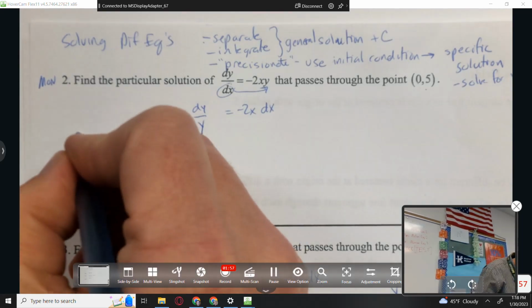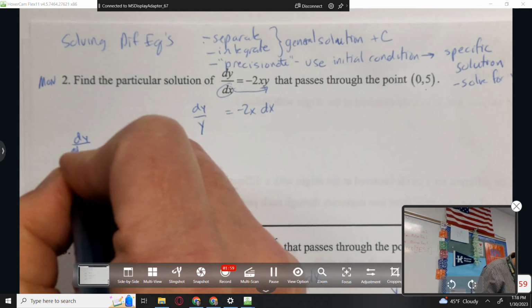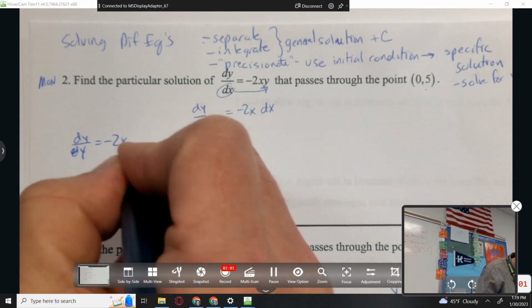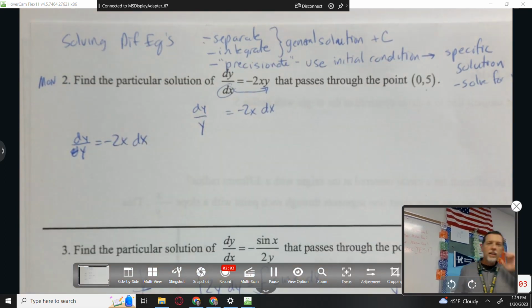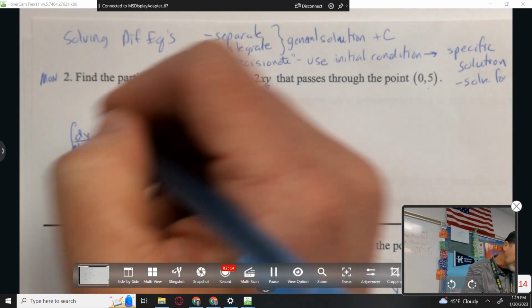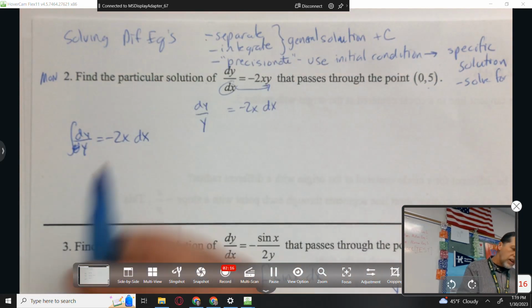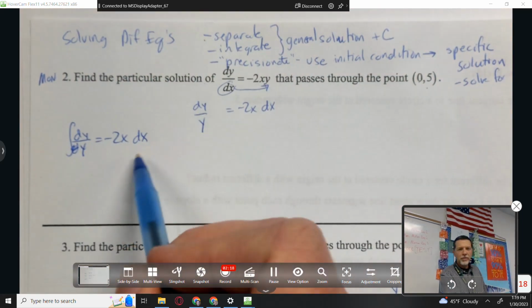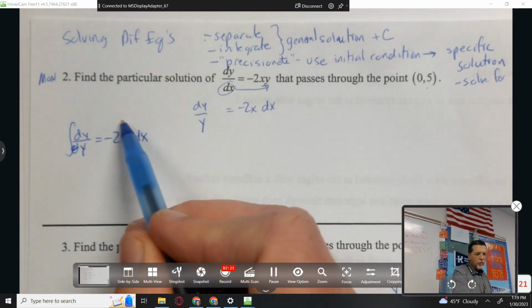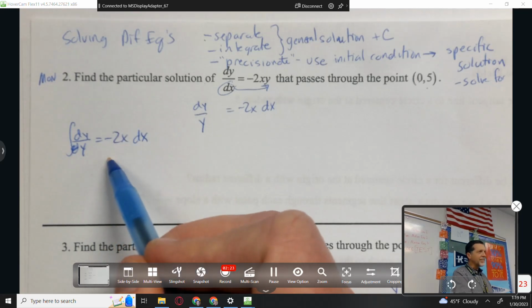And I should probably start on the far left side of this, just because there's going to be some extra stuff in there. All right, so integrate both sides. On the right-hand side, I'm going to mention this earlier: if you want to put the integral after the constant, that's fine.